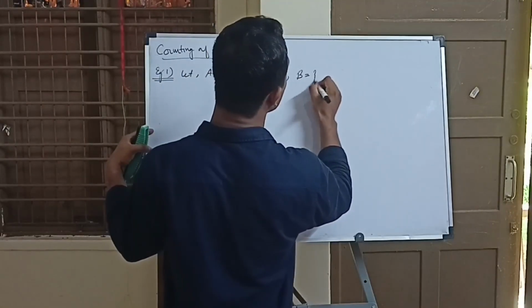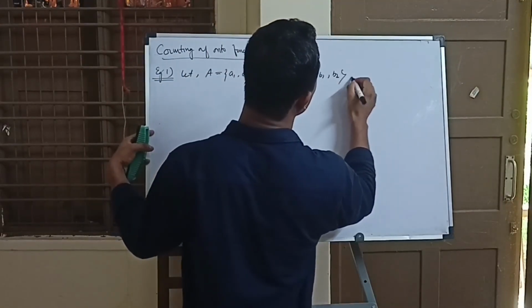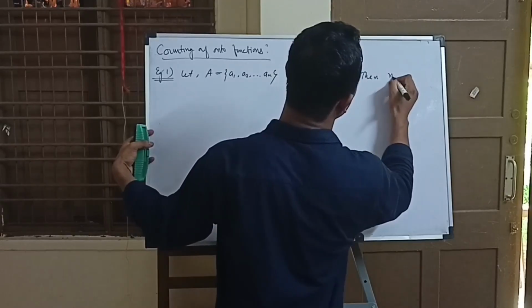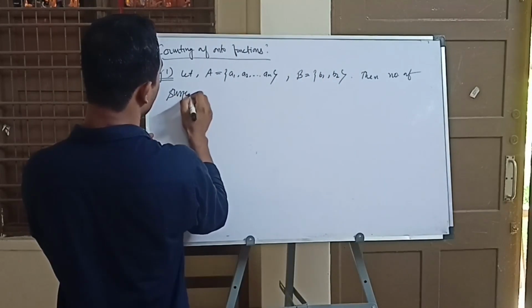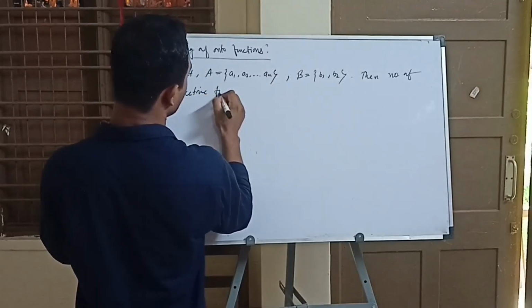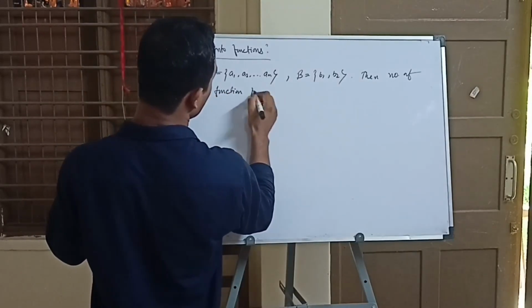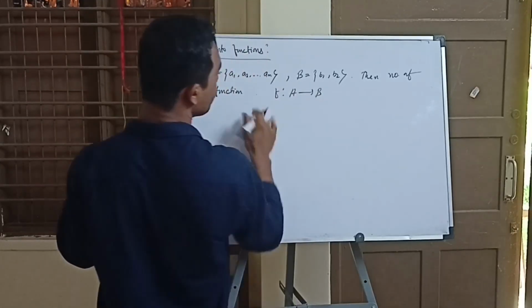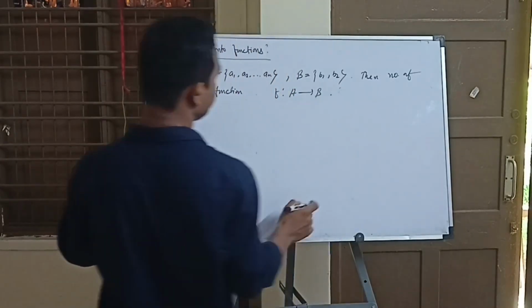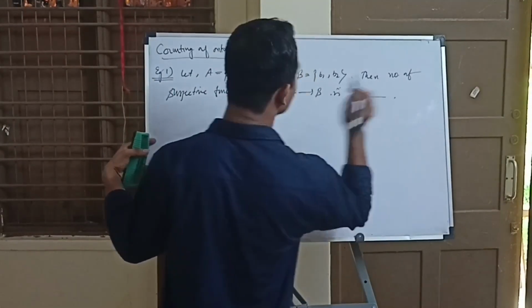B is a set with 2 elements, B1 and B2. Then the number of surjective functions from A to B is what?